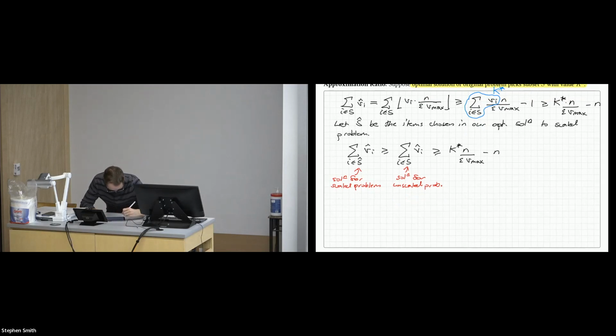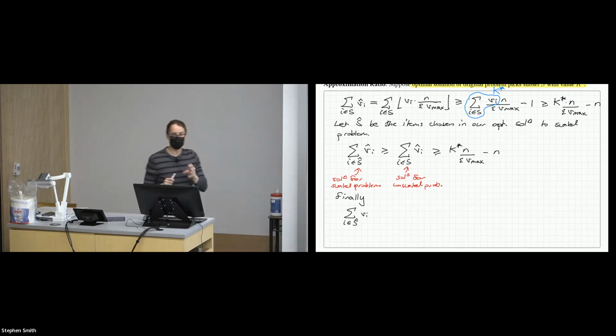Finally, the thing I want to know is how well does my scaled solution do on the original values? We know the optimal one, if I put an S here, it gets me K star. But I'm going to output S hat as my solution, the solution to the scaled problem.